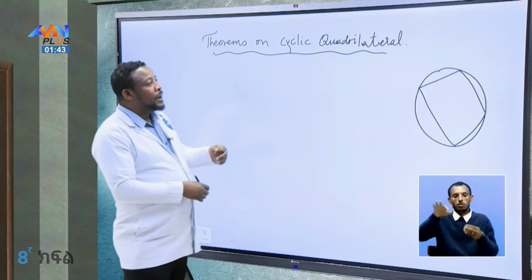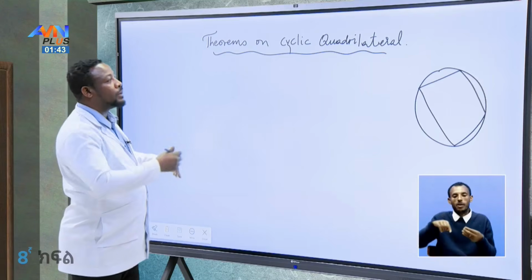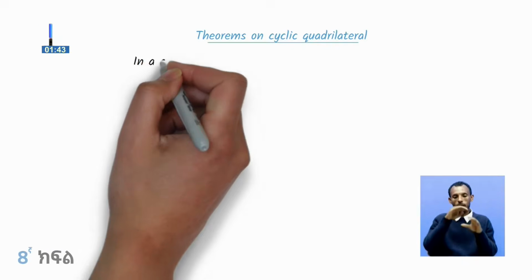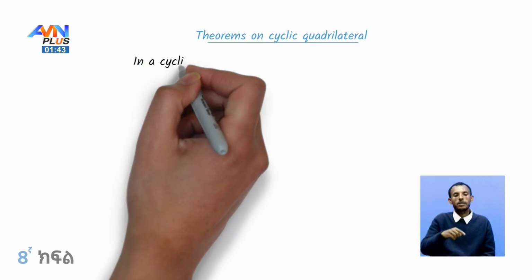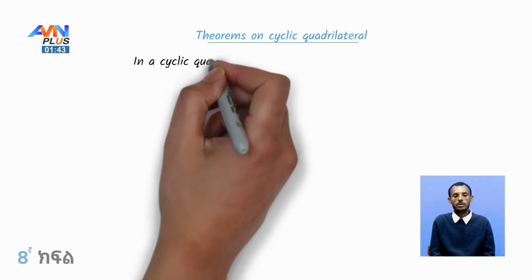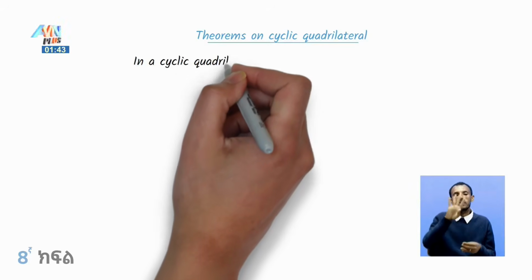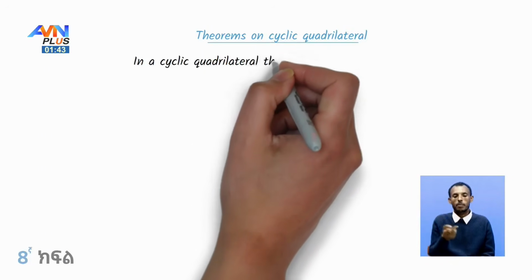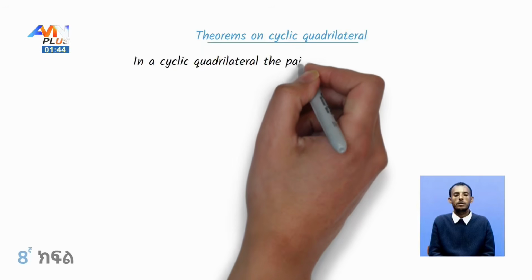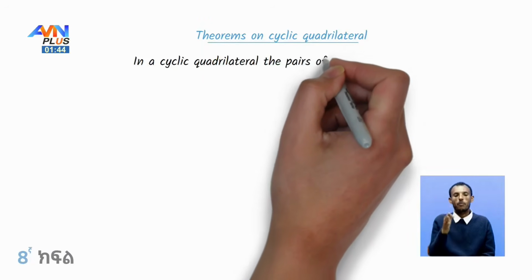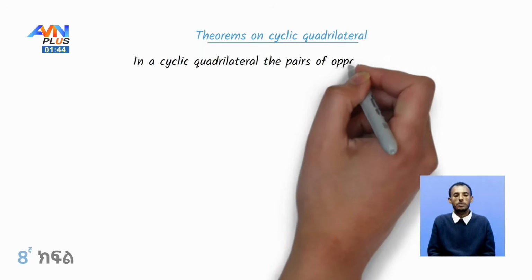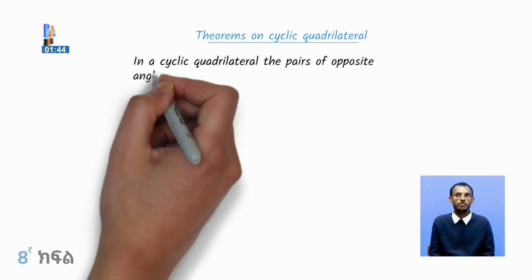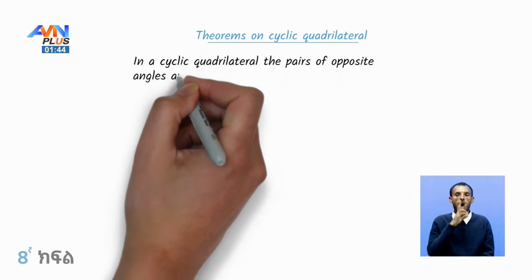What the cyclic quadrilateral theorem is saying here is: in a cyclic quadrilateral, the pairs of opposite angles are supplementary.